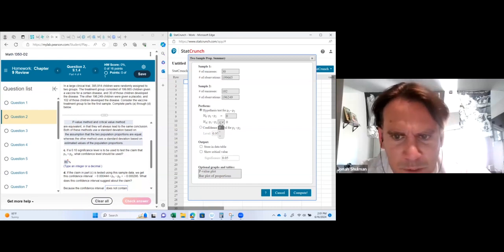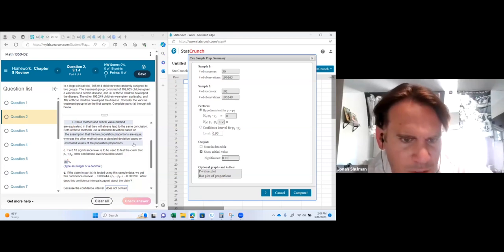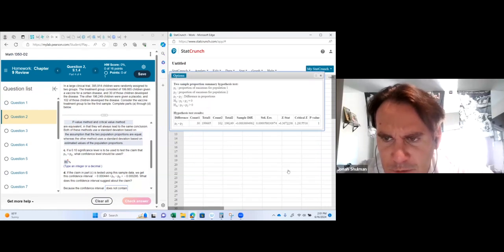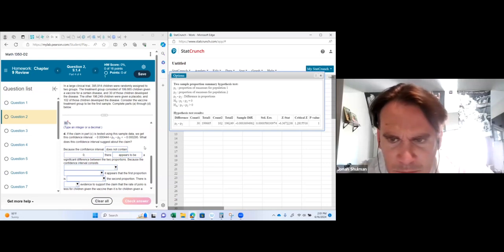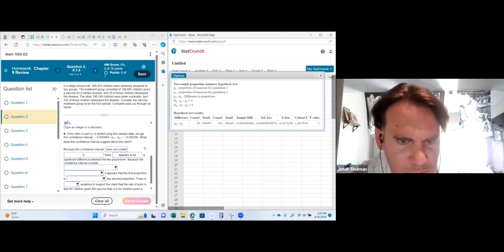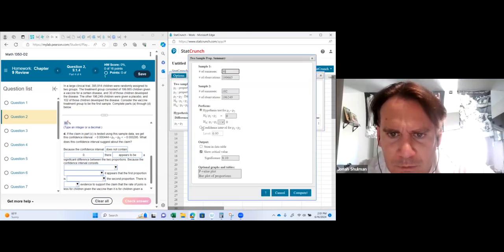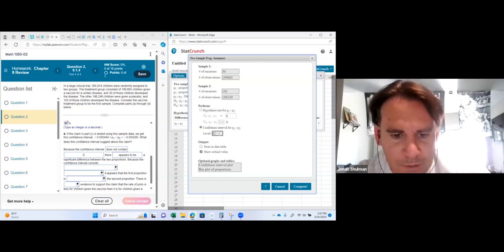We want to say that P1 is bigger than P2, so this is going to be greater than 0. We want our critical value to be 0.10. All right, let's compute this thing. Oh, but now we want to do this with an 80% confidence interval. All right. Whatever they say.